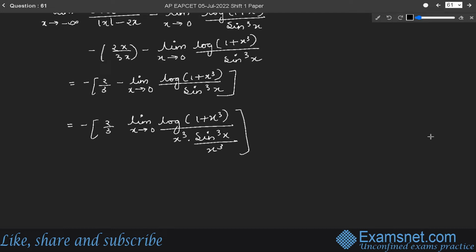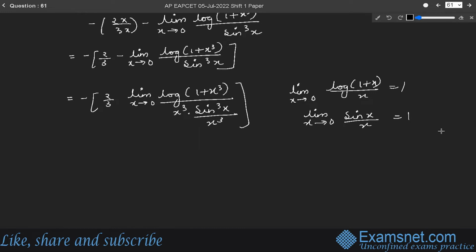We know that there is a formula: limit x tends to 0 of log(1 + x)/x is equal to 1, and limit x tends to 0 of sin x/x is also equal to 1. So we have the term -2/3 minus limit x tends to 0 of log(1 + x³)/x³ and sin³x/x³.